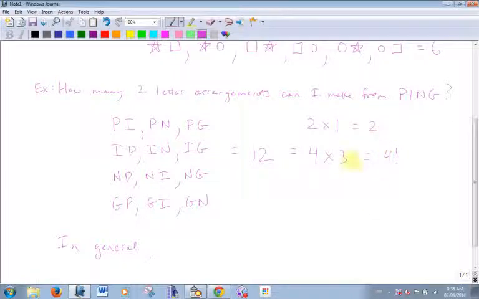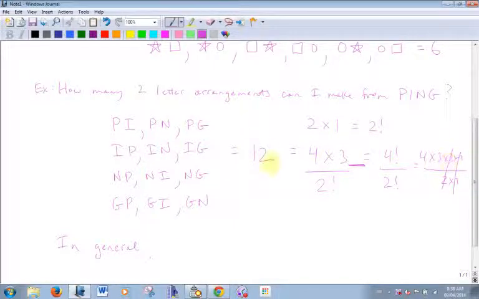Yeah, okay. I want to cancel this on the top. That's not here. So what do I want to put on the bottom? Cancel that. Is that still 12? Yeah, right? Okay, that's 4 times 3 times 2 times 1, and on the bottom I got 2 times 1. I don't want those. I want this to equal 12.